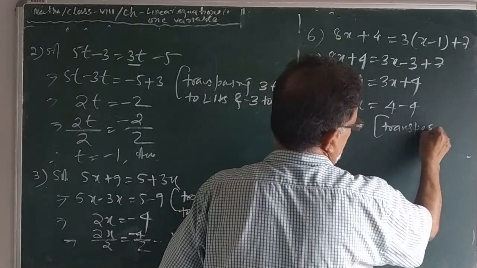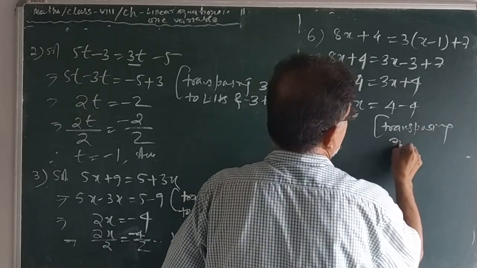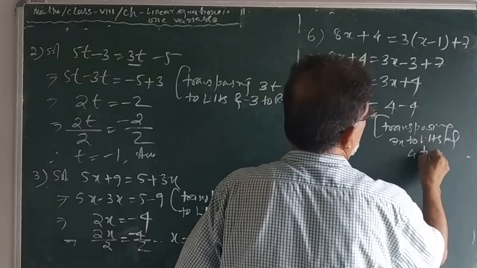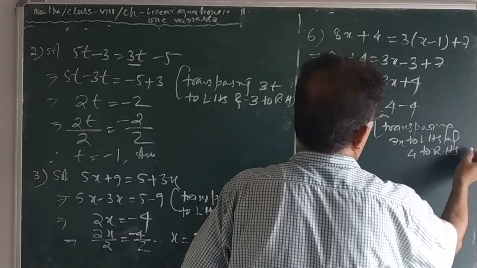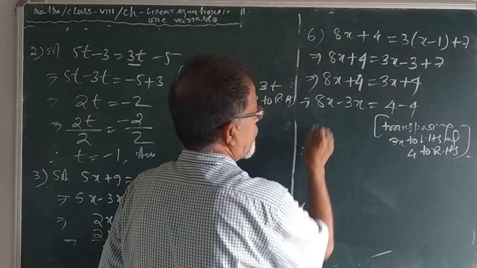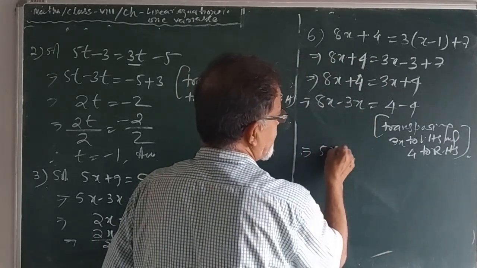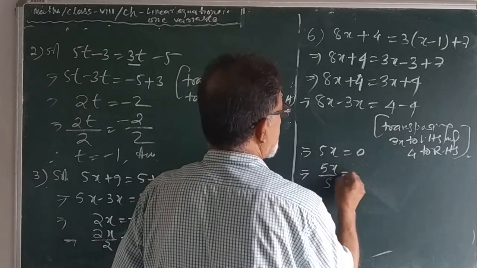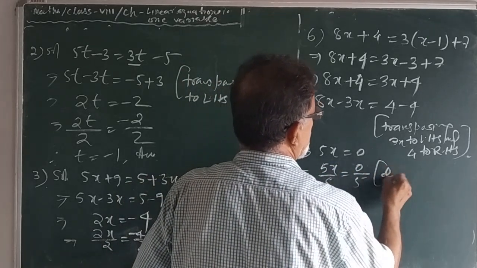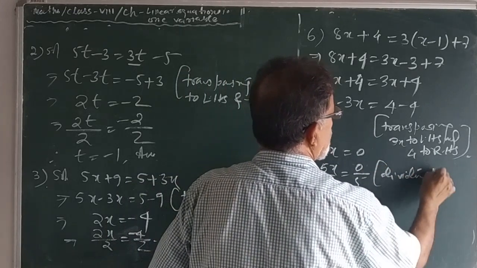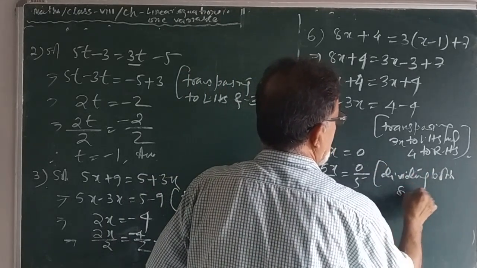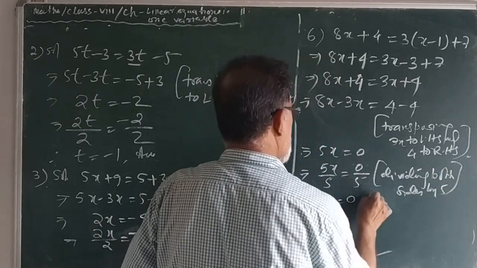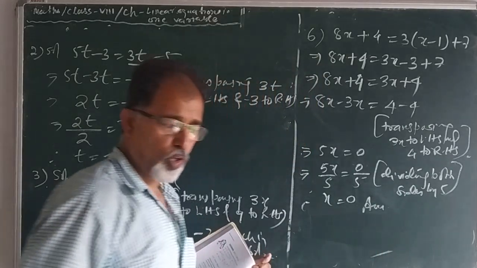Transposing 3x to LHS and 4 to RHS. 8x minus 3x will give 5x equal to 0. Dividing both sides by 5, we get x equal to 0, which is the required solution of the equation.